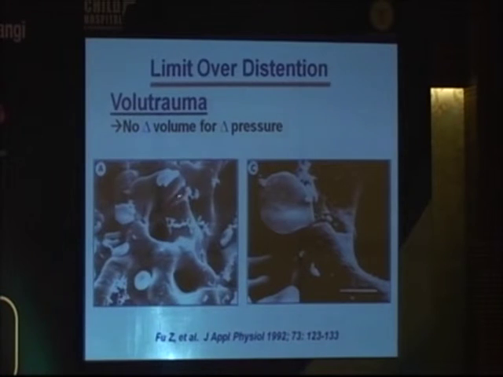And as you can see by these photoelectron micrographs, there is actually injury to the alveolar capillary membrane and atelectrauma, as well as injury to the capillary epithelium and endothelium in this type of a situation.